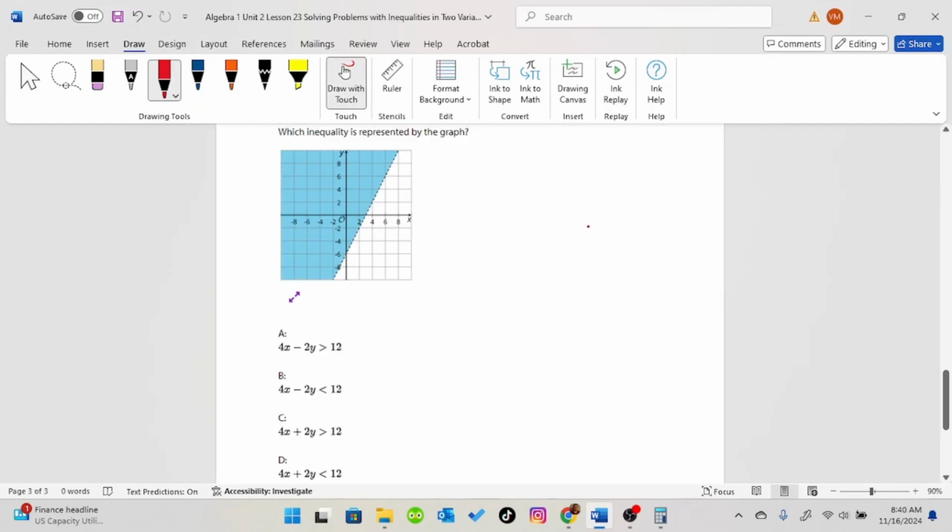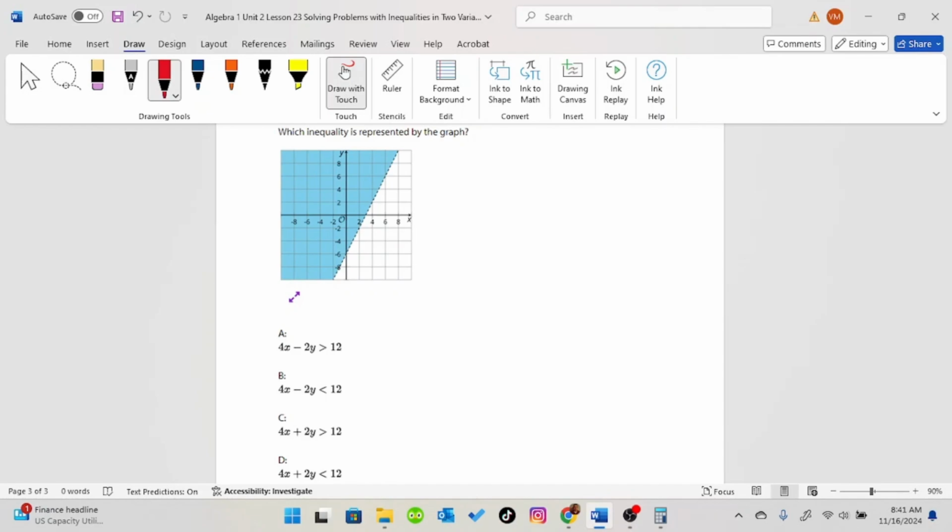Our last practice problem asks, which inequality is represented by the graph? So what we need to do is pick a point in the blue shaded region and see which inequality it makes true. If you look at the choices, we have two differences to look at. A and B are both 4x minus 2y.